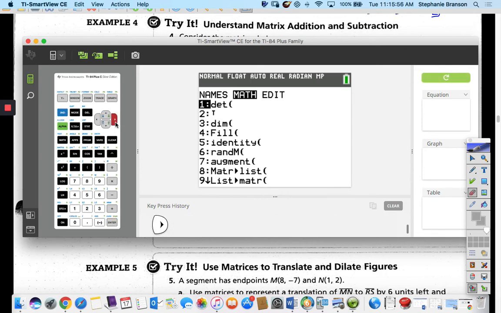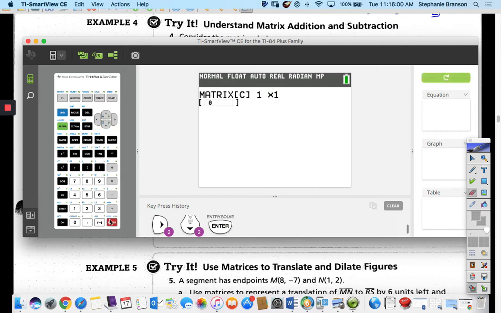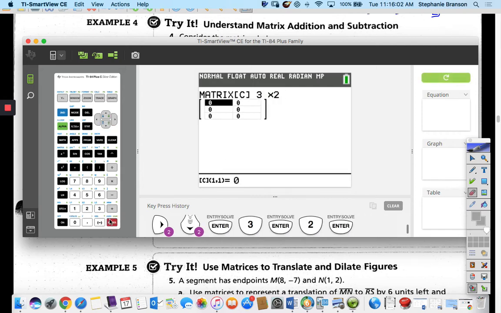Now I'm going to also edit matrix C, and it is also a 3 by 2.